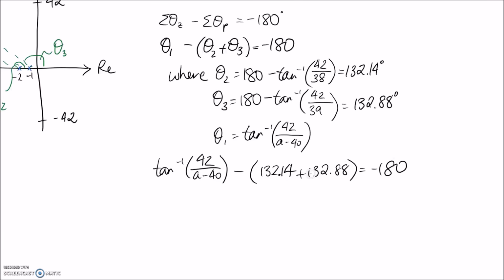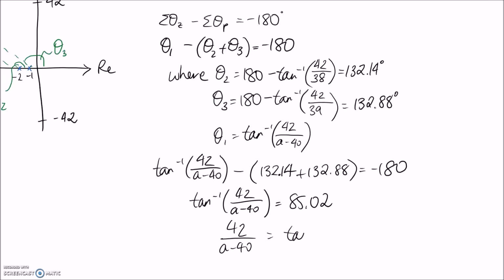I'm going to shift this over to the other side, which will give me 85.02. Then I'm going to undo this tan inverse. To undo it, I put what's inside the bracket on the other side, and it goes from tan inverse to tan.